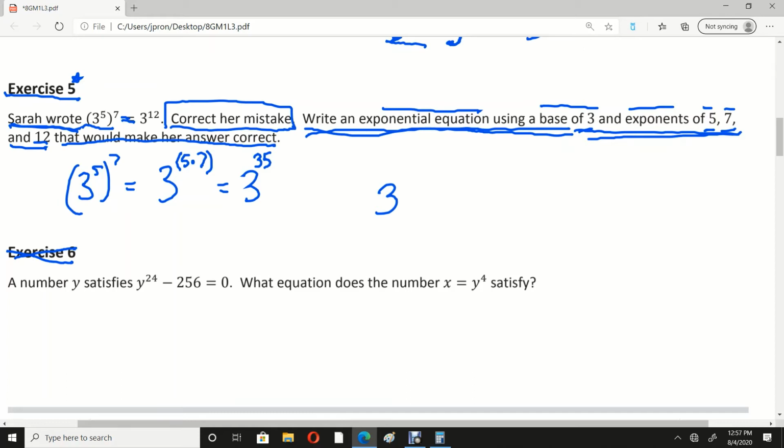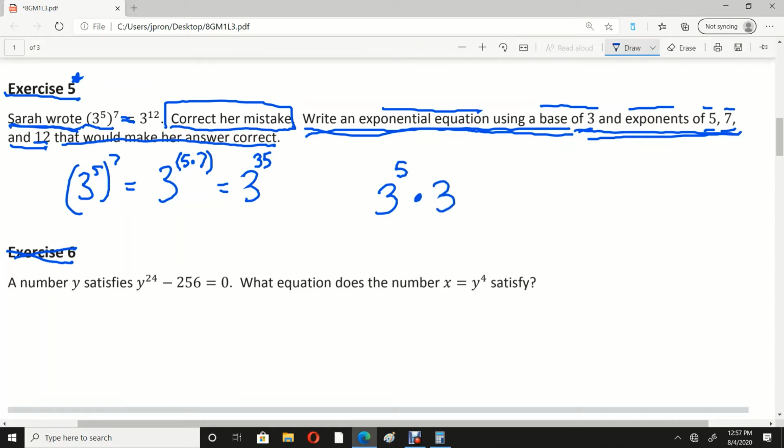The base has to be 3 for each. Well, we know that 5 plus 7 is 12, so we have 3 to the 5th times 3 to the 7th equals 3 to the 12th. So here we have the exponential equation, base 3 for all of these, exponents of 5, 7, and 12.